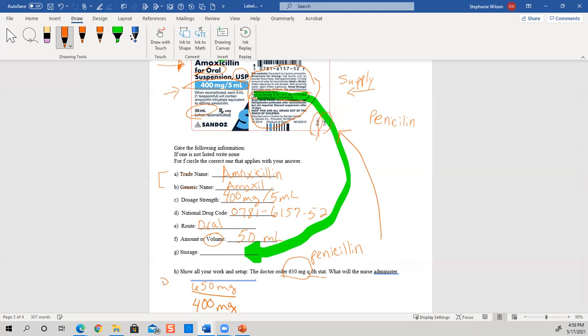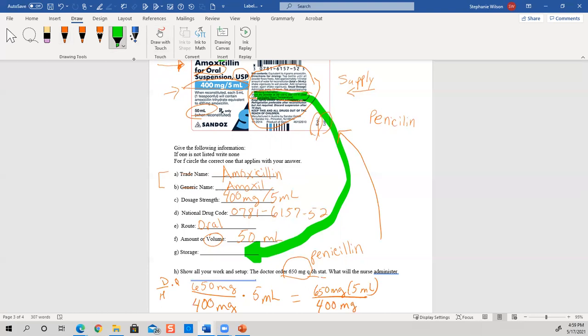So I have my desired over on hand, right? You see that? Times my quantity. And what is my quantity again? 5 milliliters. This is why I wanted you to understand amount and volume, because that's a quantity, right? So now I have 650 milligrams times 5 milliliters over the 400 milligrams. And what happens to the milligrams?